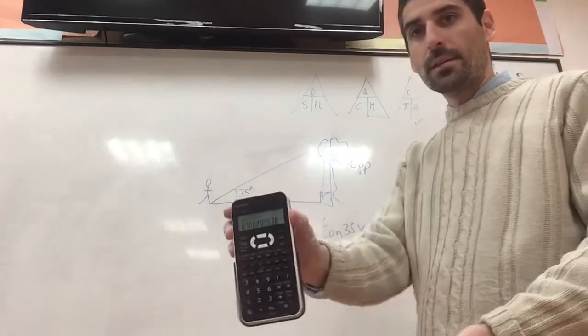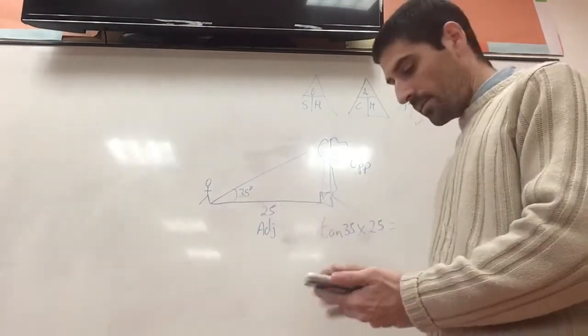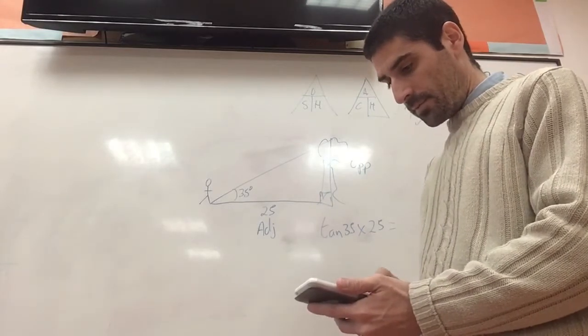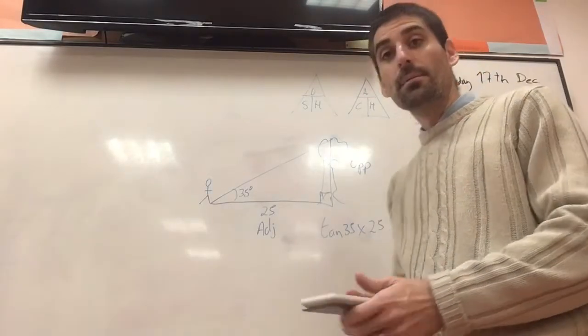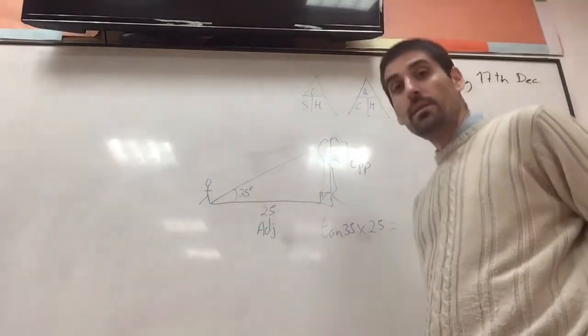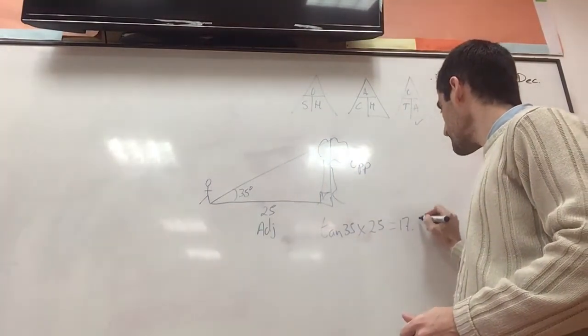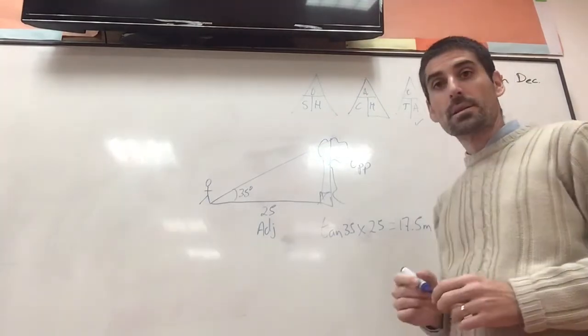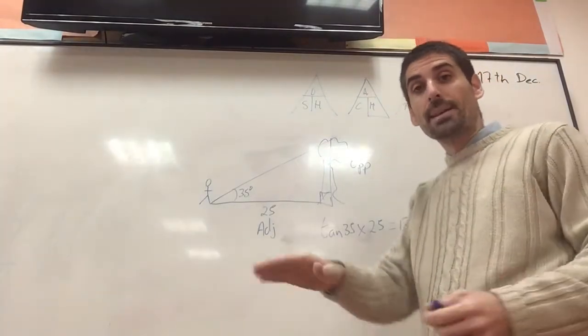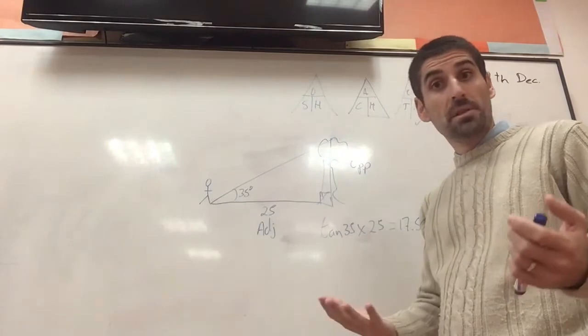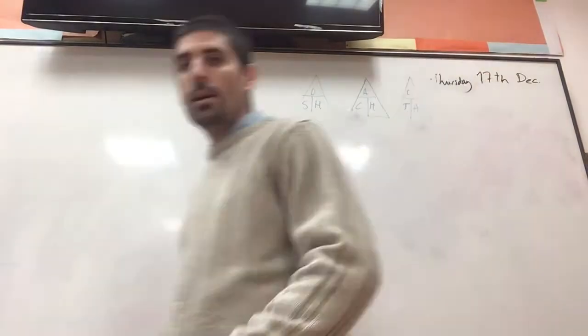The tan of 35 is 0.7, multiply by 25 and you get 17.5. So the tree is 17.5 meters tall, and that's the angle of elevation. Simple enough, it's just trigonometry.